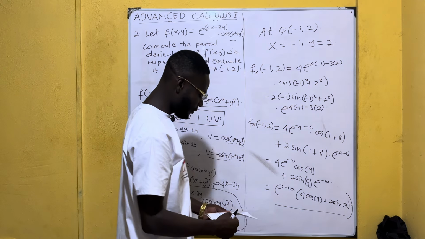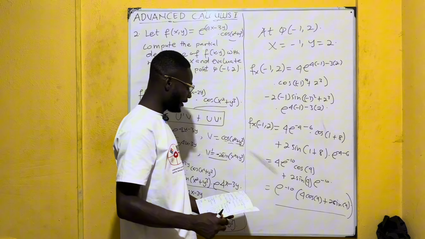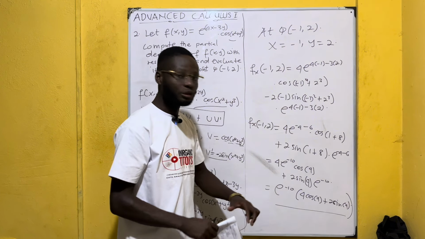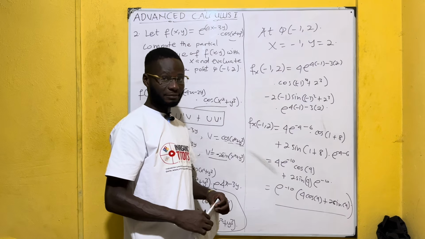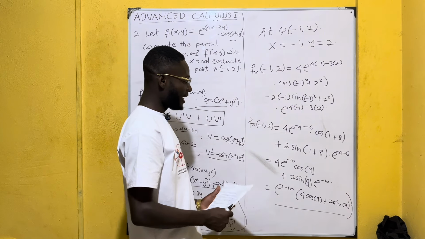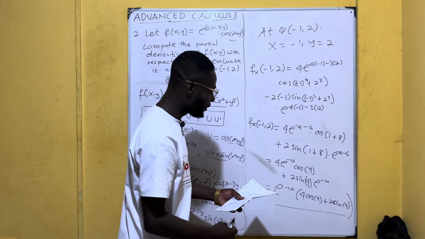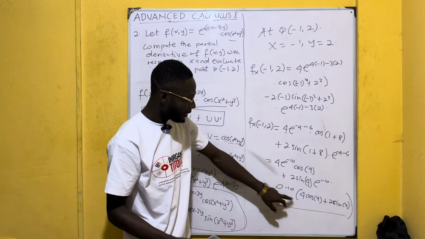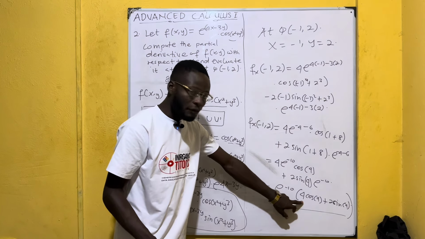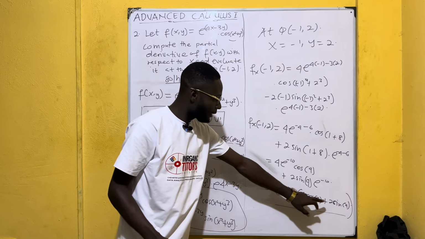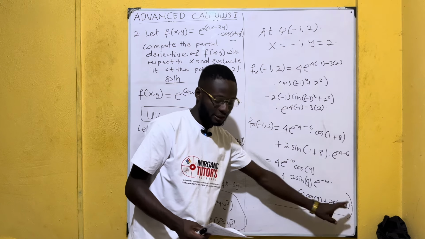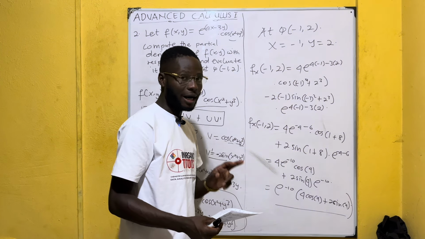And I think we can leave our answer here, because if you try to punch this, you are going to have decimals. All right, so let's leave our answer here. So basically our answer is e to the power minus 10 into brackets 4 cos 9 plus 2 sine into 9. So that will be our answer.